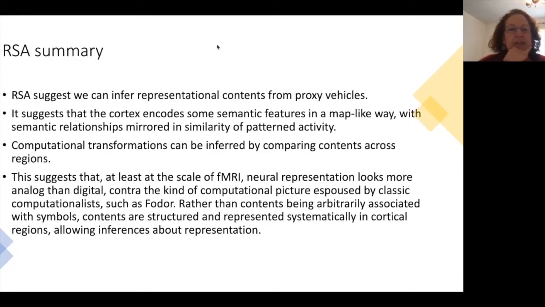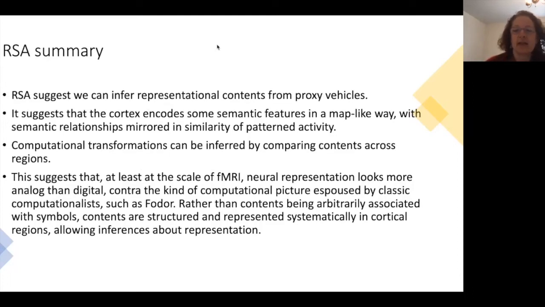All right, so to summarize what RSA can do for you, I think it suggests that we can infer representational contents from proxy vehicles. It suggests that the cortex encodes some semantic features in a map-like way, with the semantic relationships mirrored in similarities of patterned activity. It allows us to get some kind of grip on what computational transformations are within and across levels.